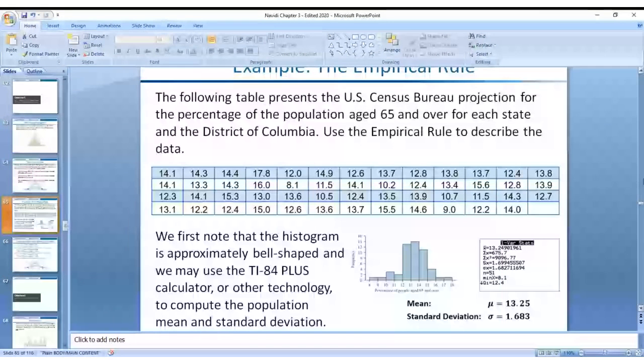So on the upper end, there was 17.8, which was Florida. What else is greater than 16.6, or 16.7, we could just say? There aren't any. The next highest one I see is 16.0.